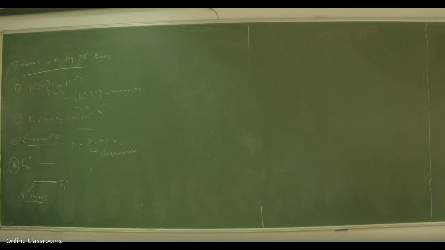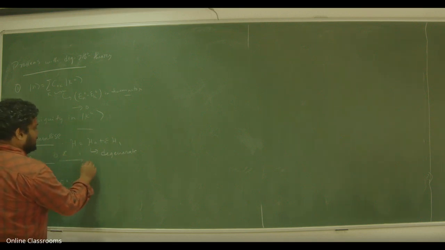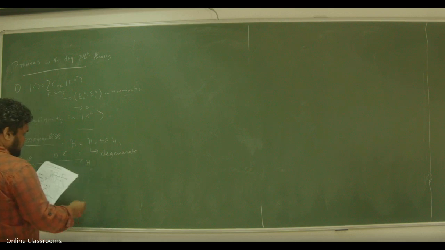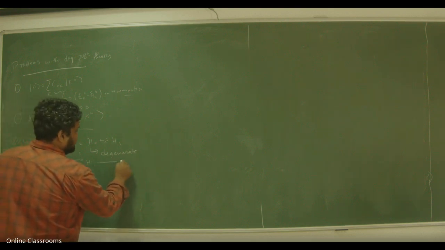There are Q states which have exactly the same energy E10. And the Q plus 1 state is the next one, which is not degenerate. And we assume, generally it is true although it is not always true, that as I turn on a perturbation, so this is my epsilon, it goes from 0 to 1 and takes me to H, then this degeneracy is lifted.